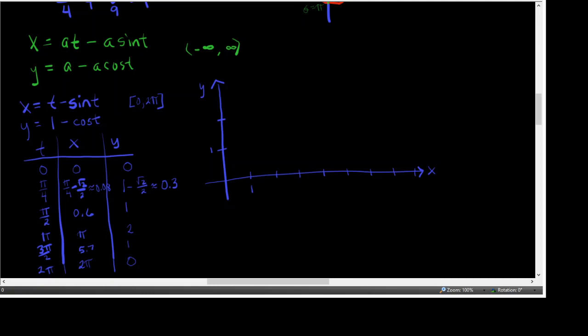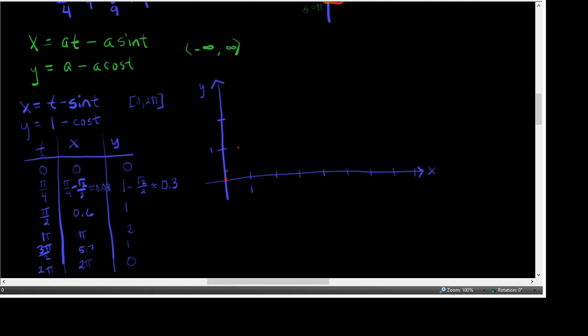So plotting the points, 0, 0, 0.08, 0.3, really close to the y-axis, 0.61, so 0.61 is about right there.